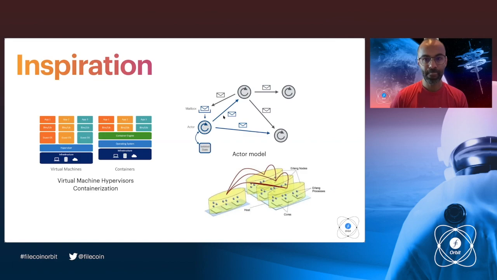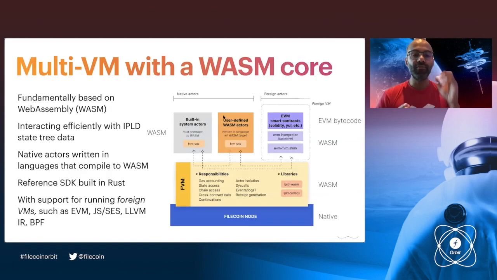Now, just to give you an overview, the technical design of the FVM is fundamentally based on WebAssembly. We looked at other things like LLVM IR, the JVM, secure JavaScript, and secure ECMAScript, and other options for the core layer of the FVM, and ended up settling on WASM.